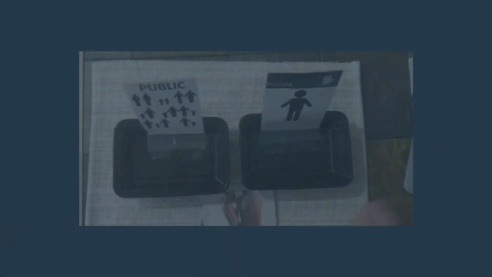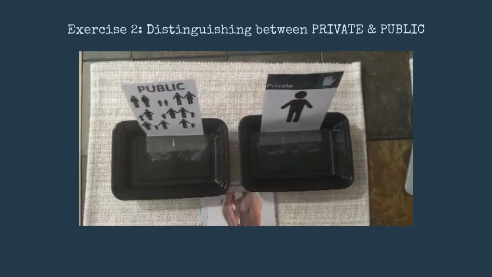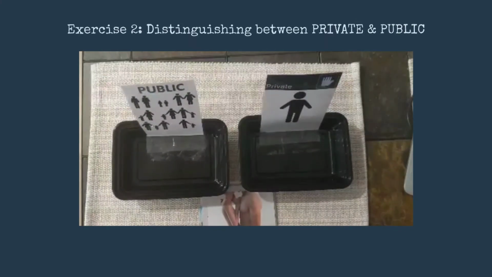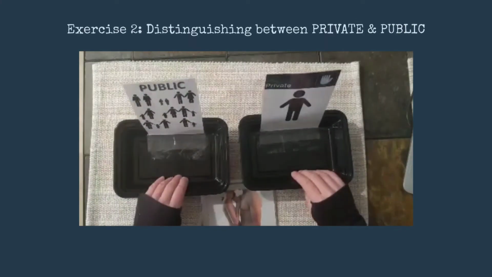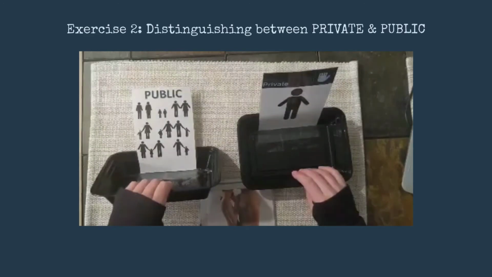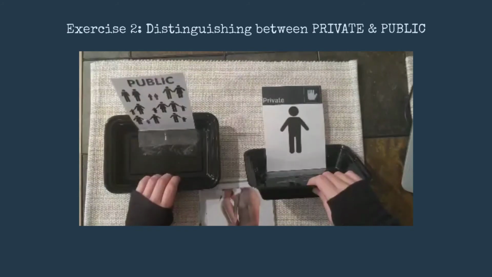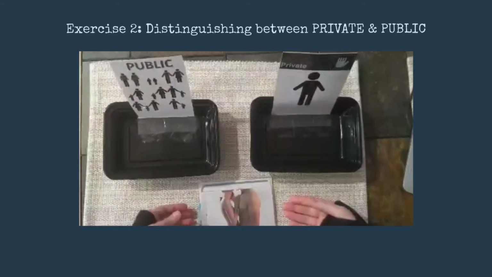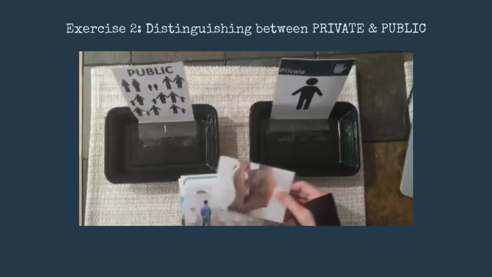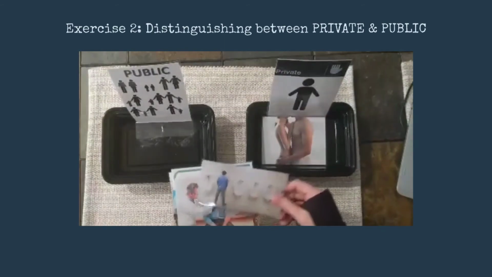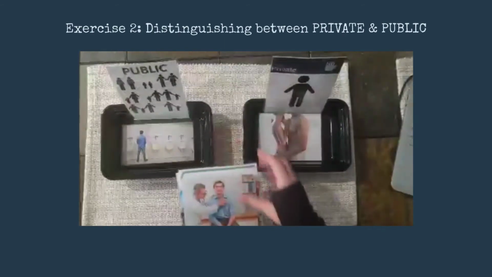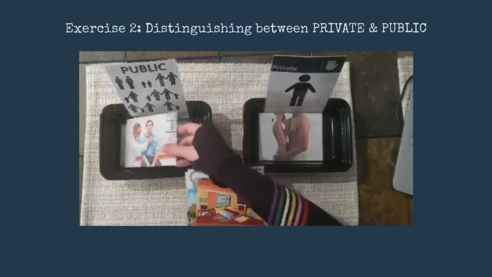In the second exercise of this activity, the client is provided 2 trays, one labeled public, the other private, and having the ability to distinguish between the 2 can ensure the client understands that they do have places where they are able to go to undress, to engage in sexual activities like masturbation.